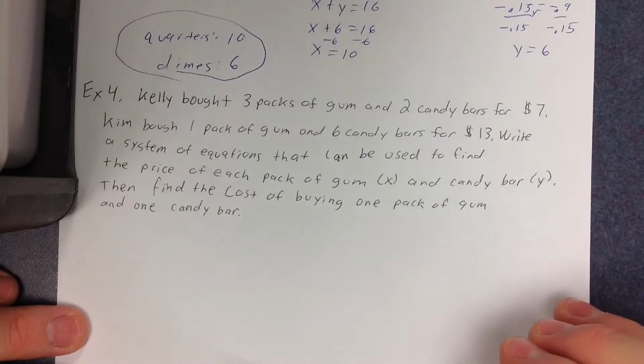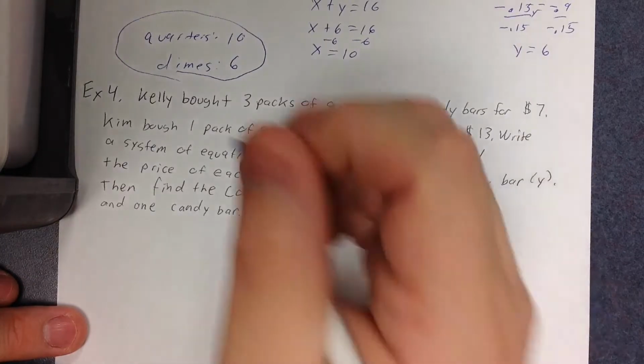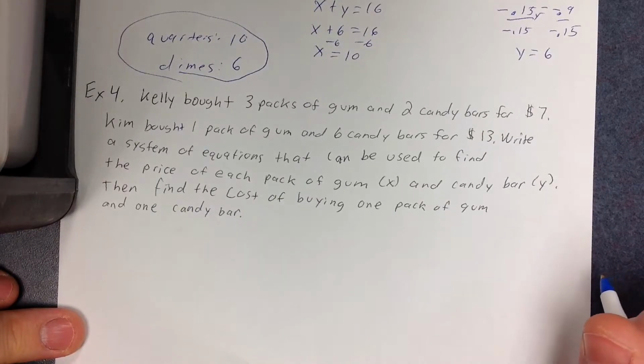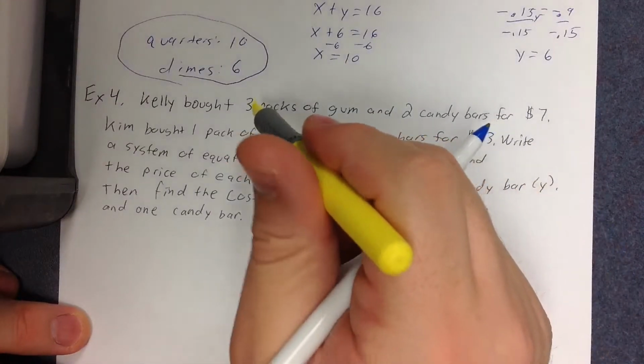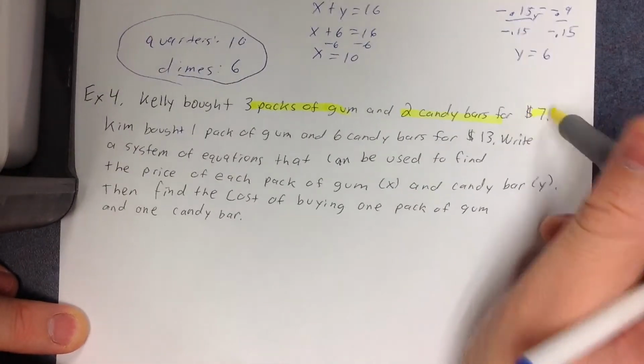Okay, 4 says Kelly bought 3 packs of gum and 2 candy bars for $7. Kim bought 1 pack of gum and 6 candy bars for $13. Write a system of equations that can be used to find the price of each pack of gum X and candy bar Y. Then find the cost of buying 1 pack of gum and 1 candy bar. So we got first sentence: 3 packs of gum, 2 candy bars for $7.